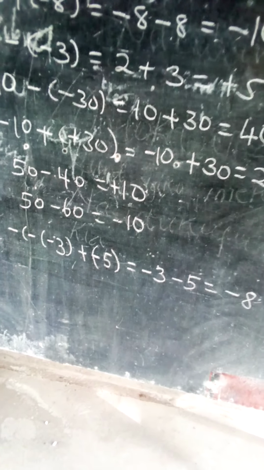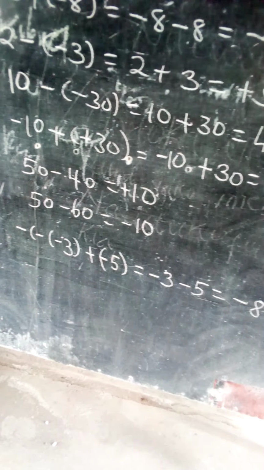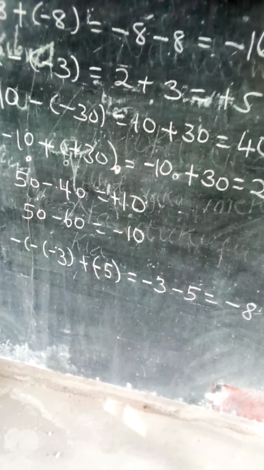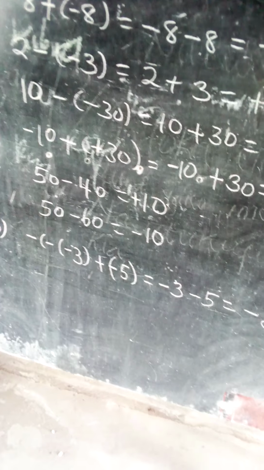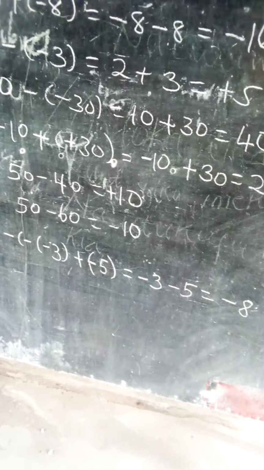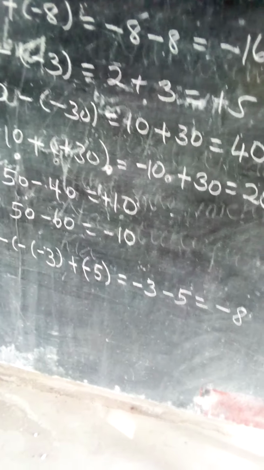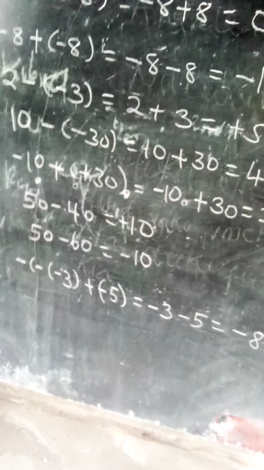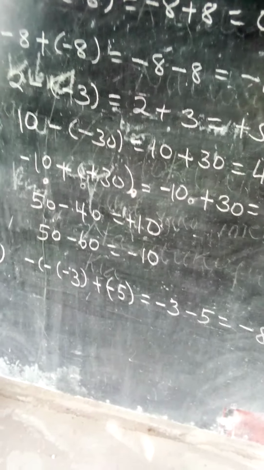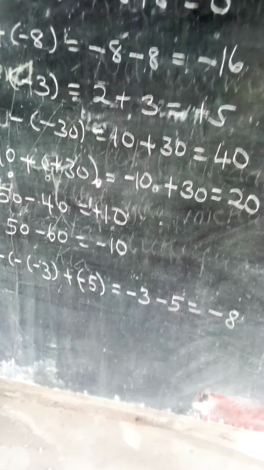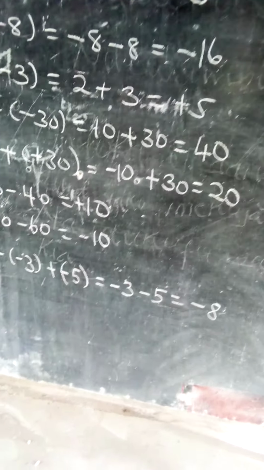So I can say in summary, especially for addition and subtraction, if you manage to simplify your numbers into each number having a single sign, that is very important. Otherwise, if you use multiple signs, you will be confused. So you have to use this concept: simplify so that each number has a single sign.